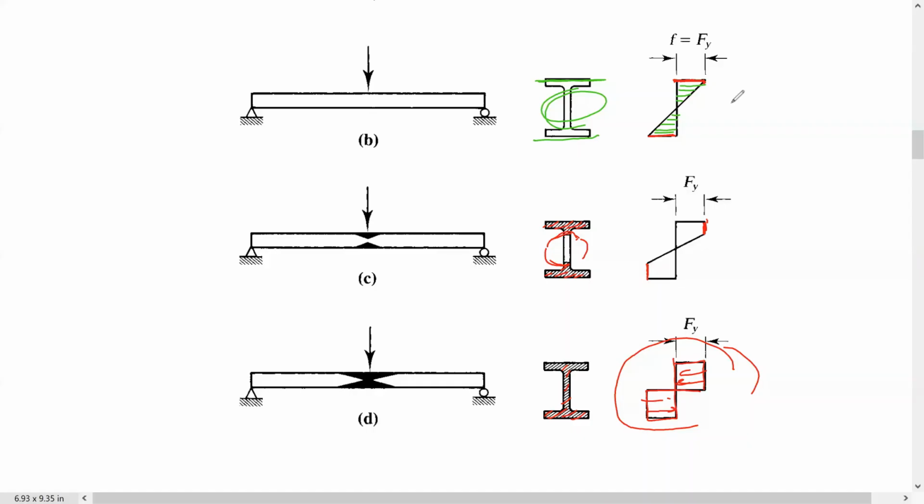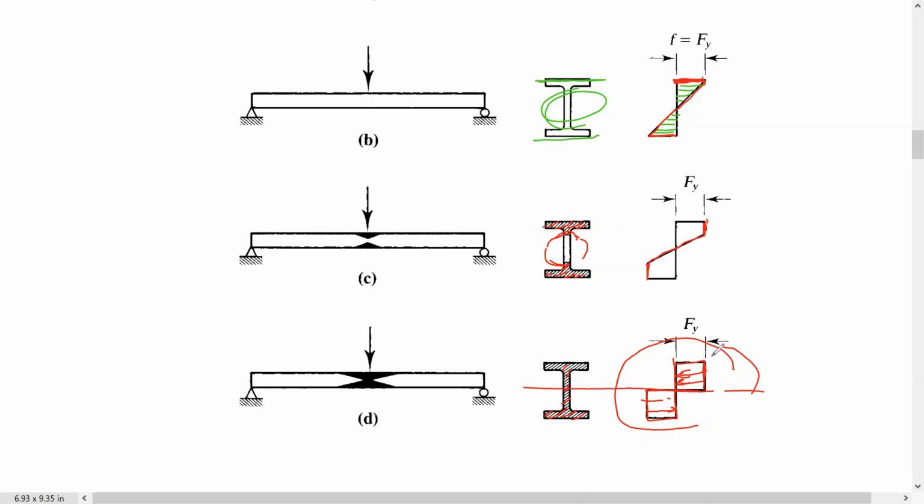And once, guys, the extreme fiber starts yielding, the stress is not going to be linear anymore. This is linear here, still linear, but here it is not going to be linear, okay? And as you see here, the yielding will progress towards the neutral axis, because this is the neutral axis.